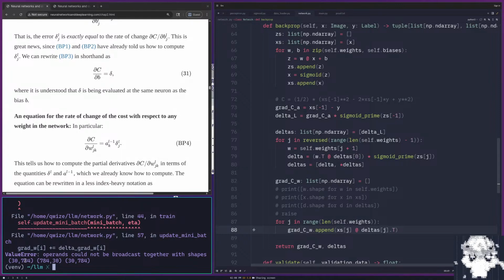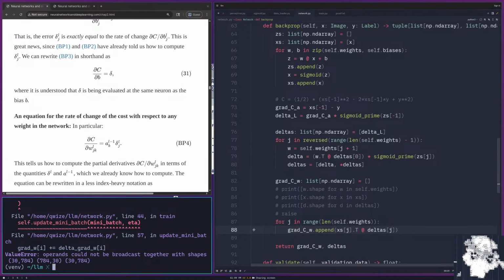By 784 is one of them, and 784 by 30 is the other. So I think that just means we want to do the other way around somehow.